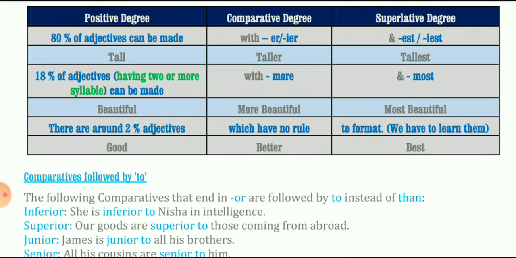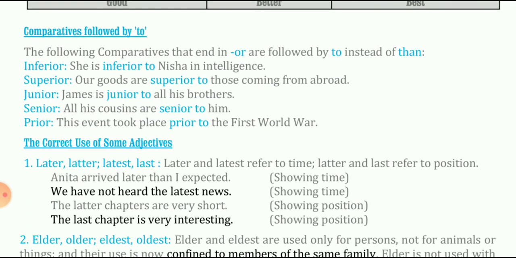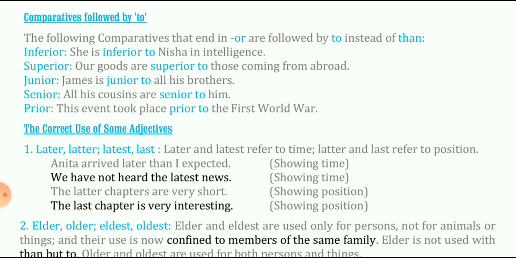Okay. Now the next thing is comparatives followed by to. The following comparatives that end in or are followed by to instead of than.